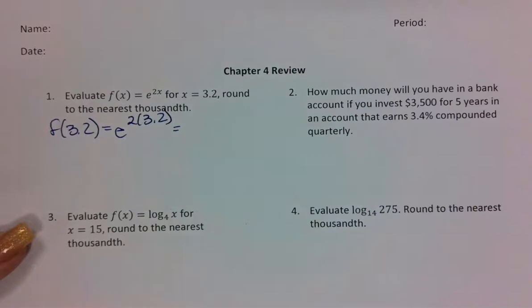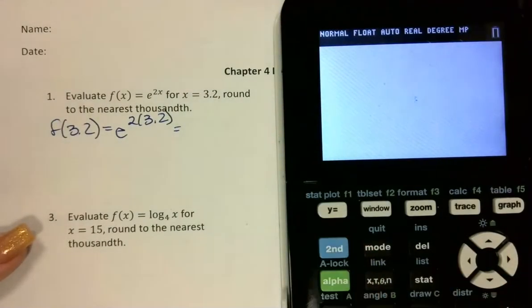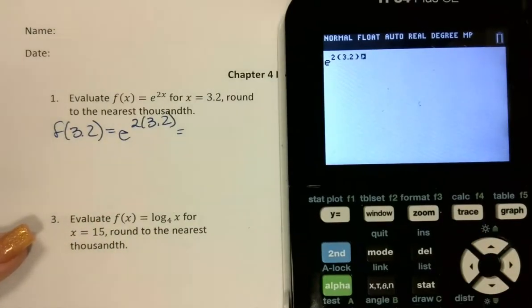And then I'm going to go ahead and type this into my calculator. So I go second ln, and then I type this in. If I'm on an older calculator, I might want to make sure my exponent is in parentheses, because the calculator will read the first number as your exponent and then multiply the entire answer by that second number.